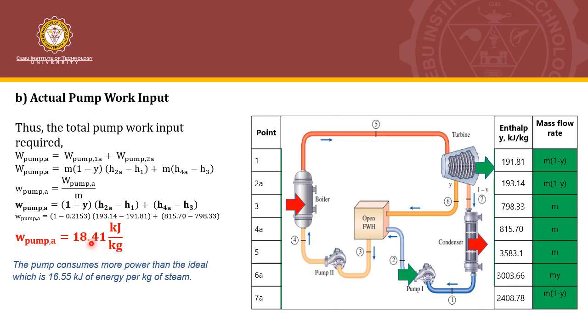So here, we can see that the pump consumes more power than the ideal, because in the ideal we have 16.55 kilojoules of energy per kilogram of steam. But this time, it increases to 18.41 kilojoules per kilogram. So the result of the irreversibilities in the pump is to increase the work input that will be required for the operation of the pump.